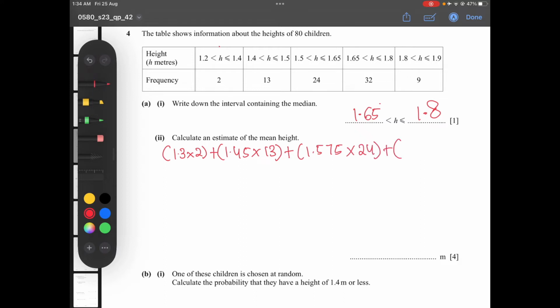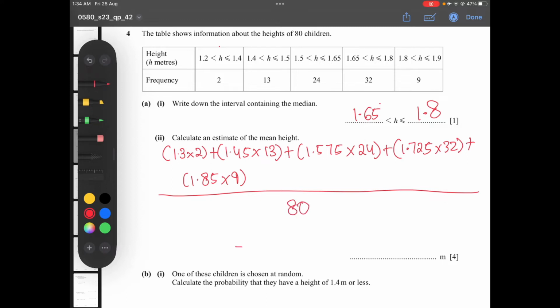Then for 1.65 and 1.8 it is 1.725 into 32 plus 1.85 into 9. We divide this thing by 80. So solve this in your calculators.